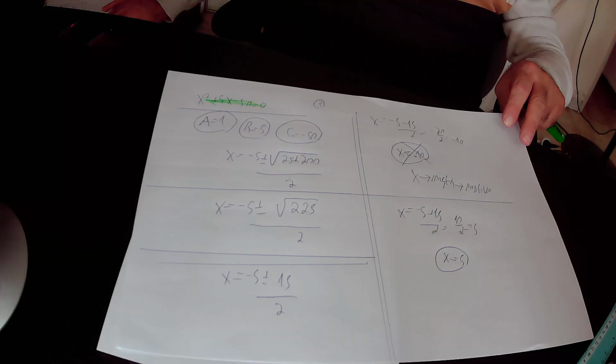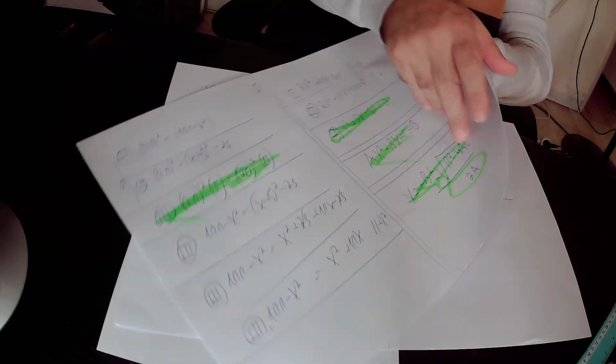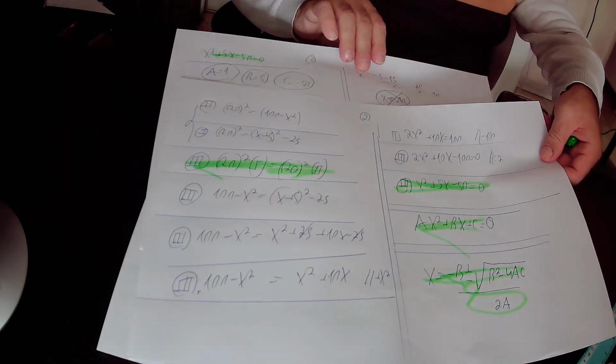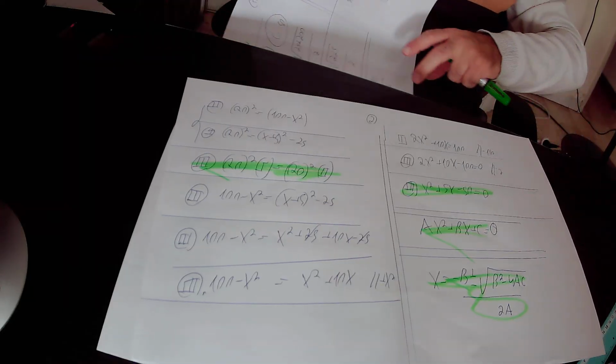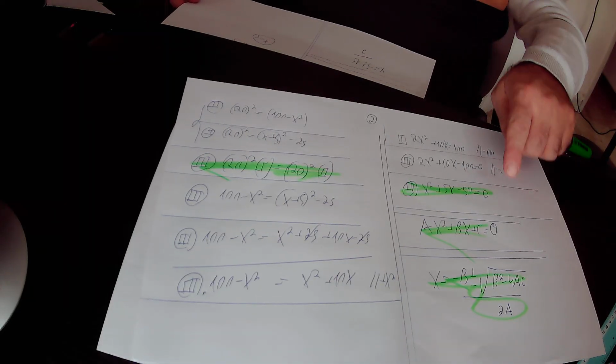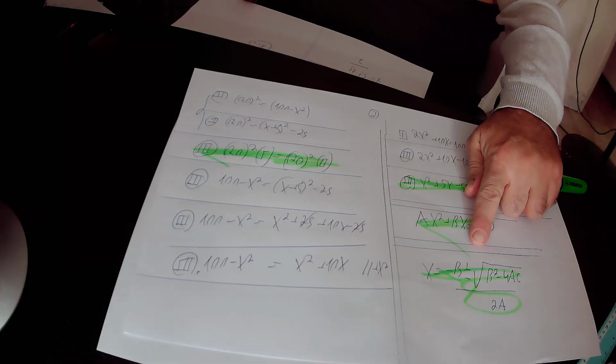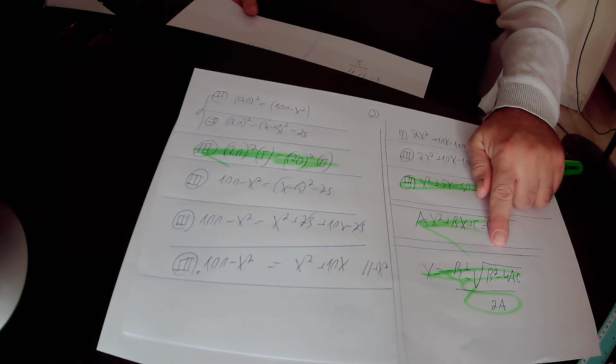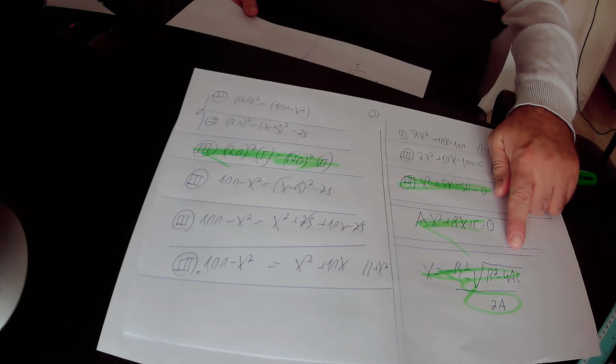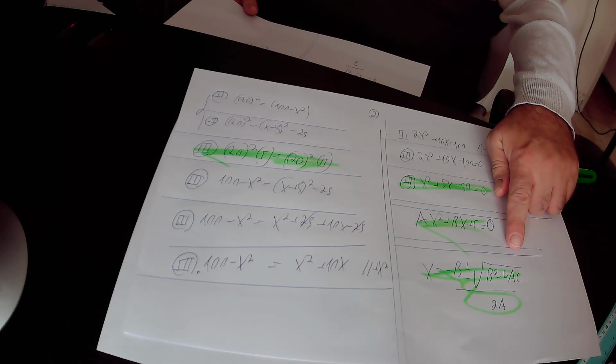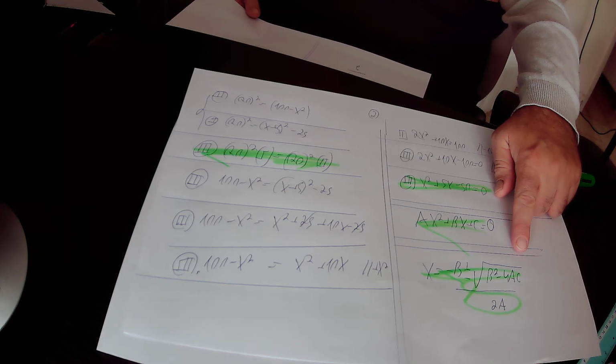We did it, and we found out that x equals minus b. B is 5, so minus b is minus 5, plus minus the square root of b squared. B is 5, so b squared is 5 squared, that is 25. Minus 4 times a times c. A is 1, so minus 4 times 1 is minus 4, times c. C is minus 50, so minus 4 times minus 50 is plus 200.